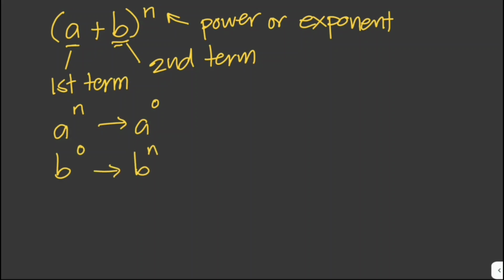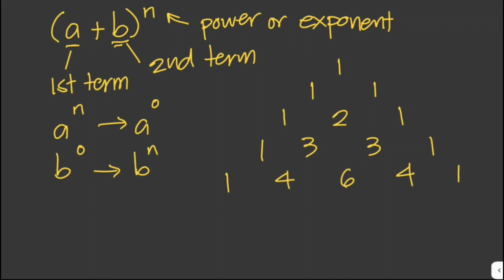Now for the coefficients of the terms, we will use the Pascal triangle. We start with 1, and then 1, 1, and then 1, 1 plus 1 is 2, 1, and then 1, 1 plus 2 is 3, 3, 1, 1, 4, 6, 4, 1, and then 1, 5, 10, 10, 5, 1, and so on.